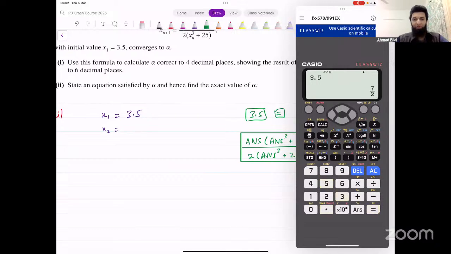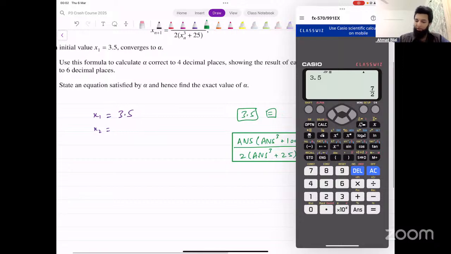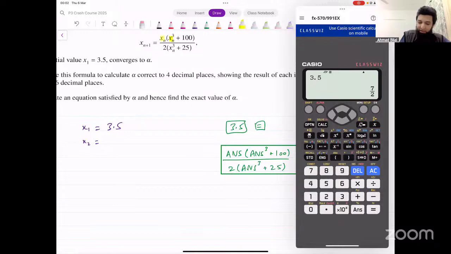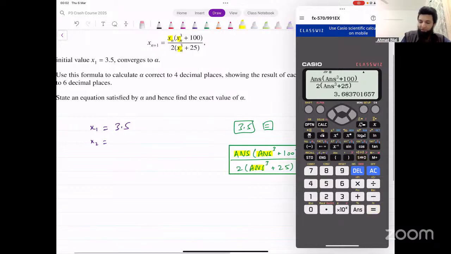This saves 3.5 in the answer button on our calculator. And now input this formula, replacing xn with answer. Okay. So this becomes answer times answer cube plus 100 divided by 2 into answer cube plus 25. Okay, so this is the first value that we're getting.